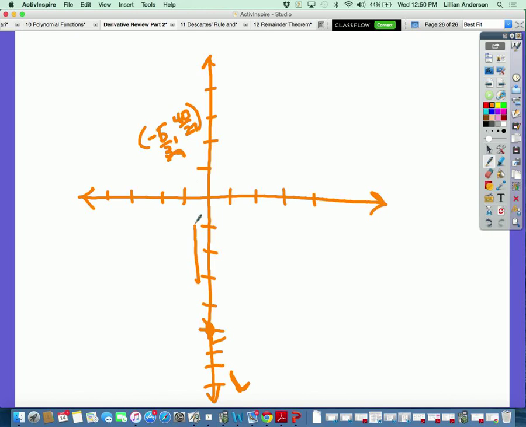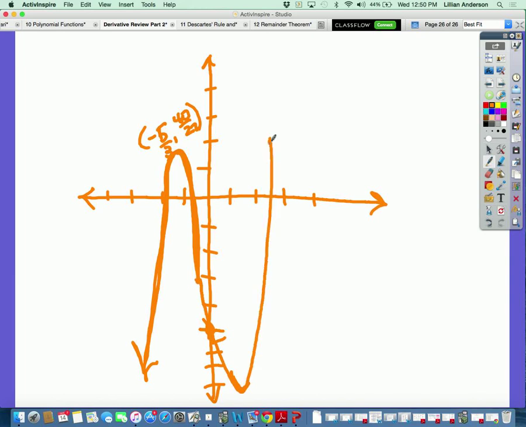So there's my max. There's it being concave down. I want to change directions, go concave up, go through my y-intercept, go through my minimum.